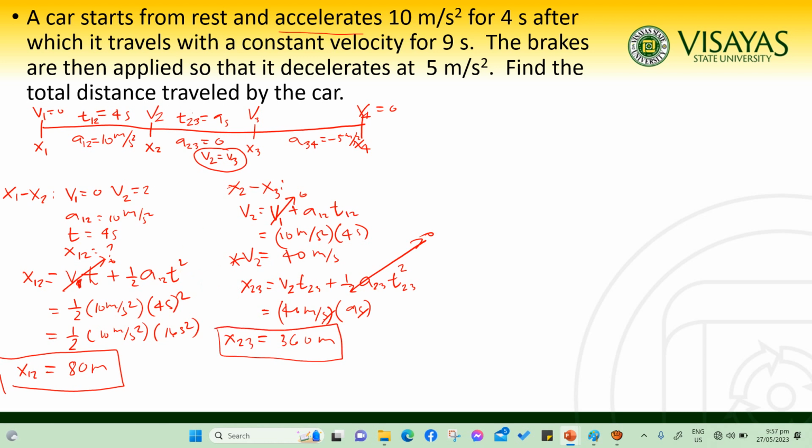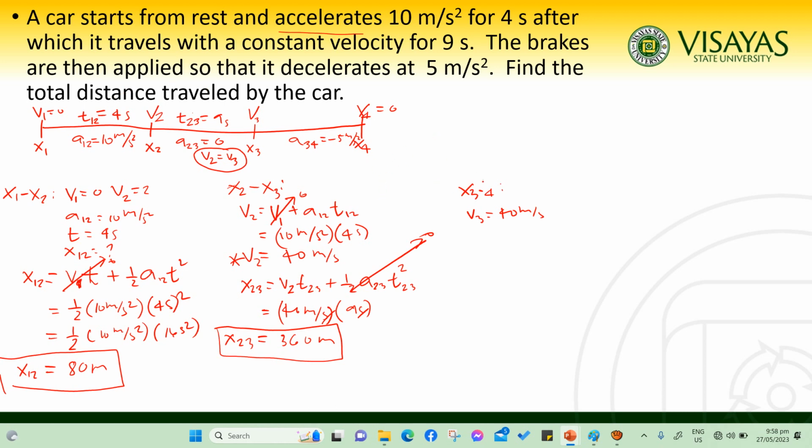Now next is, of course, solving for the value of x34. In solving x34, we are given the following information. v3 is equal to 40 meters per second, because the velocity from v2 to v3 is the same.